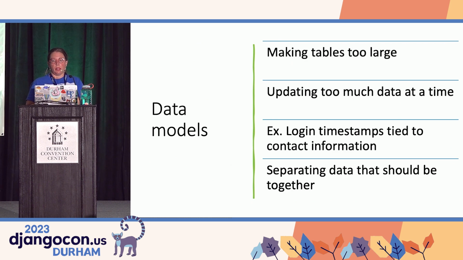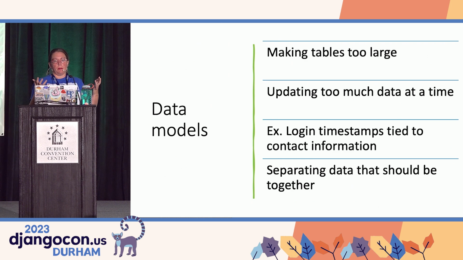An example that our CTO likes to talk about is, if you have a bunch of user contact data, you've got their address and their email address and tons of information about this person, but you also keep a timestamp every time they log into your application, which is like 45 times a day.